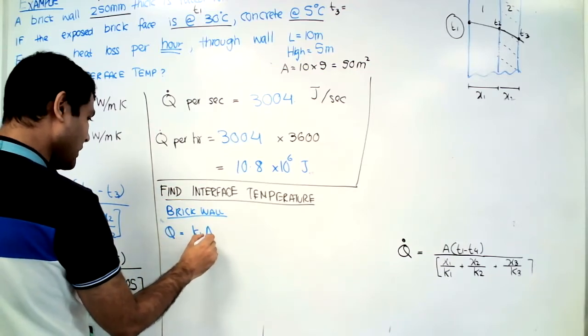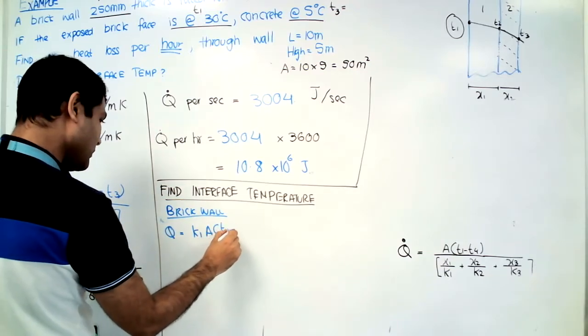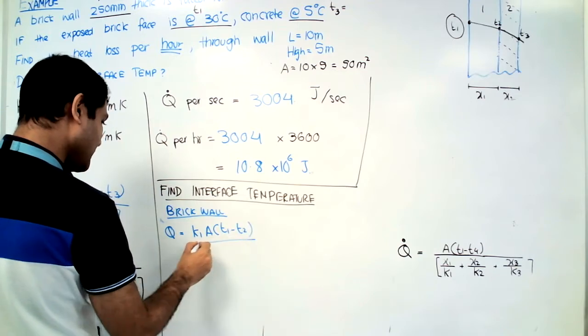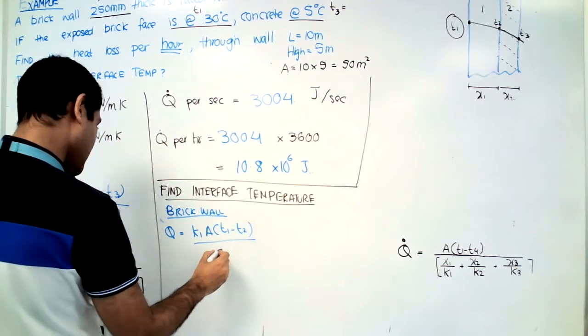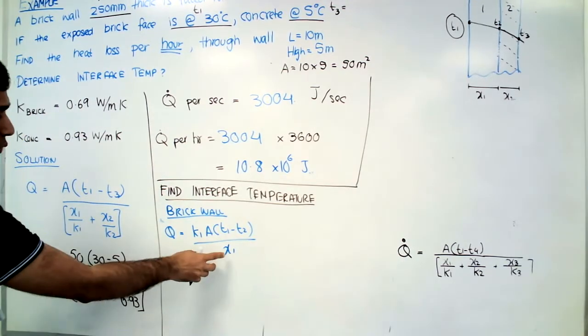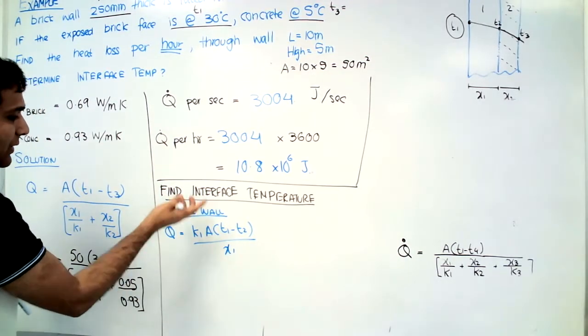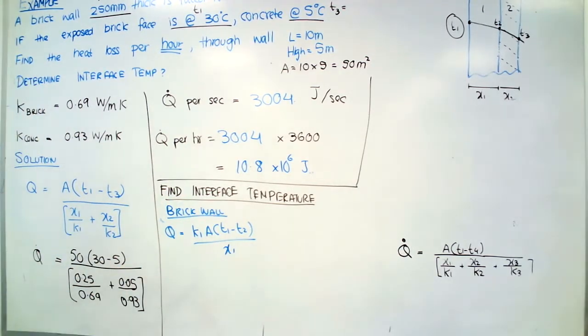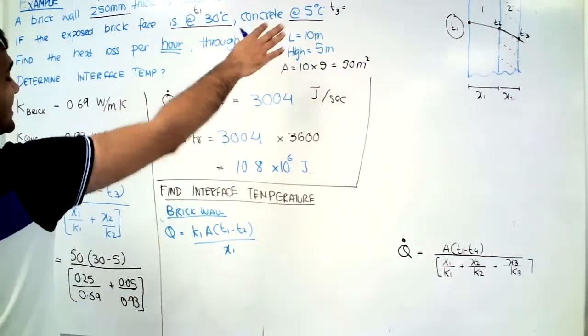It's going to be K1 A (T1 minus T2) divided by X1. It was X1 over K1, but K1 I just put all the way up. Find the T2, because T1 is given as 30, so we need to find the T2. T2 is the missing one, T3 is there.